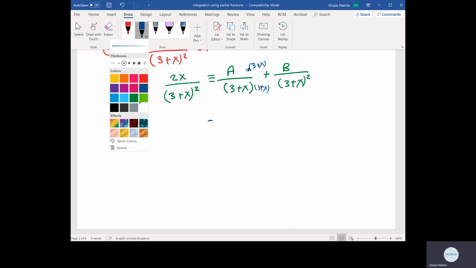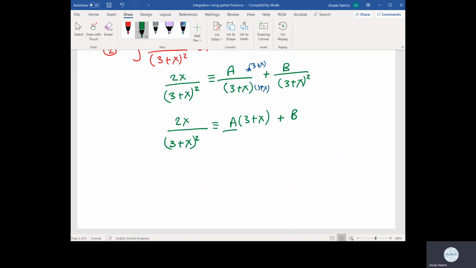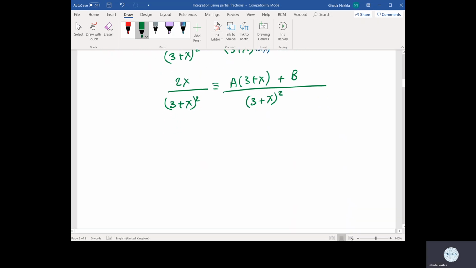So let's go back to our green color and we go 2x over 3 plus x all squared, and that's equivalent to a multiplied by 3 plus x plus b, and the denominator is 3 plus x all squared, the common denominator. This means that the numerators must be equal, so 2x is equivalent to a(3 plus x) plus b.